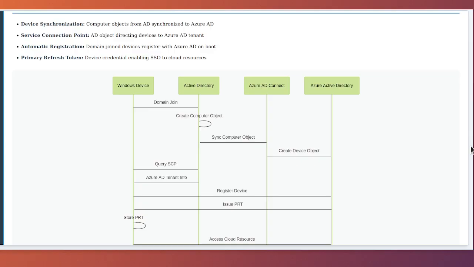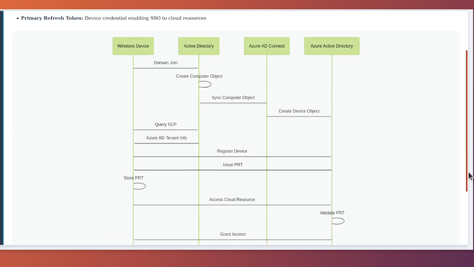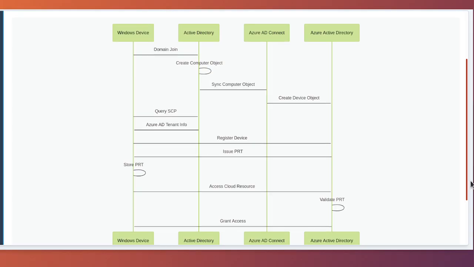Hybrid Azure AD Join allows devices that are joined to on-premises Active Directory to also be registered in Azure Active Directory, creating a hybrid identity for the device. This dual registration enables the device to access both on-premises resources using Kerberos Authentication and cloud resources using Azure AD Authentication, all with a seamless single sign-on experience.